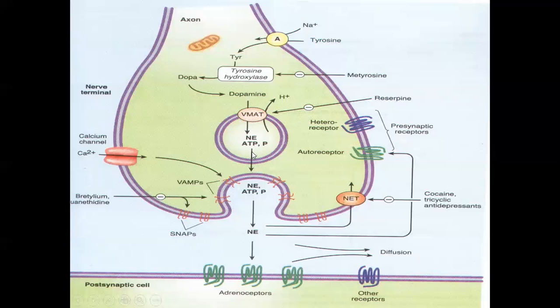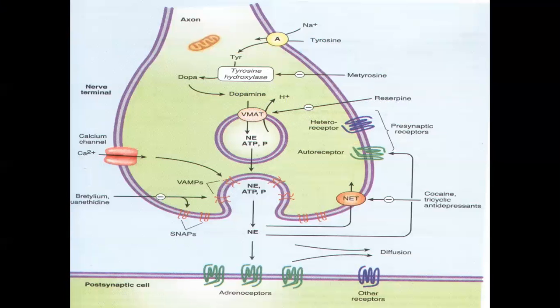Dopamine is converted to noradrenaline in the vesicle by dopamine beta hydroxylase. Dopamine beta hydroxylase is an enzyme that converts dopamine into noradrenaline.